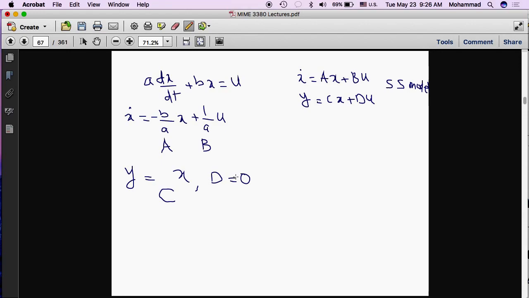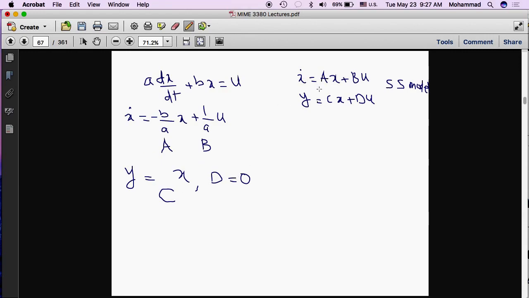For almost all cases in this course, D is going to stay 0, which essentially says the input doesn't directly affect the output. The input does affect the output, but through the dynamics of the system, through the first part of the state space model. The first part shows the dynamics of the system.